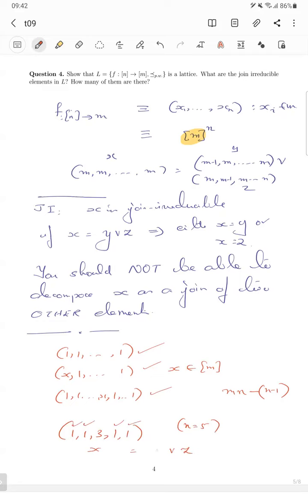Because if they have anything larger than 1, which is the smallest possible, then the join will also have the larger number. So these locations are fixed. Now for this location, at least either y or z should have a 3.